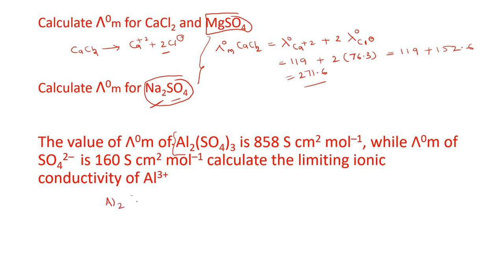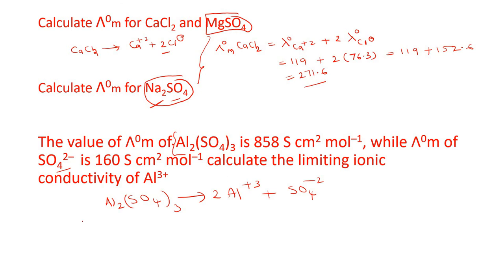Al2(SO4)3 dissociates into 2 moles of aluminum plus 3 SO4 minus 2. Now what they have given is the molar conductance of the sulfate anion and the molar conductance of the ionic compound. They are asking for the molar conductance of the cation here.